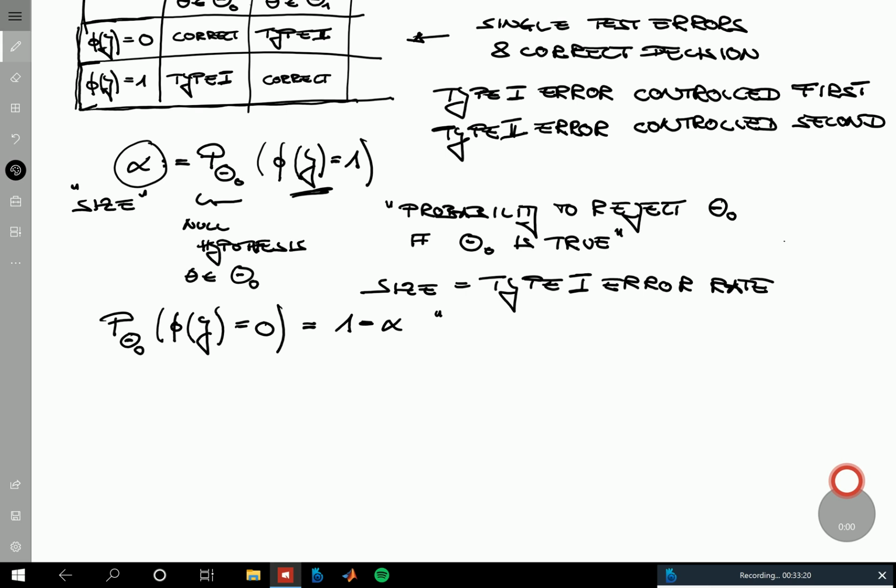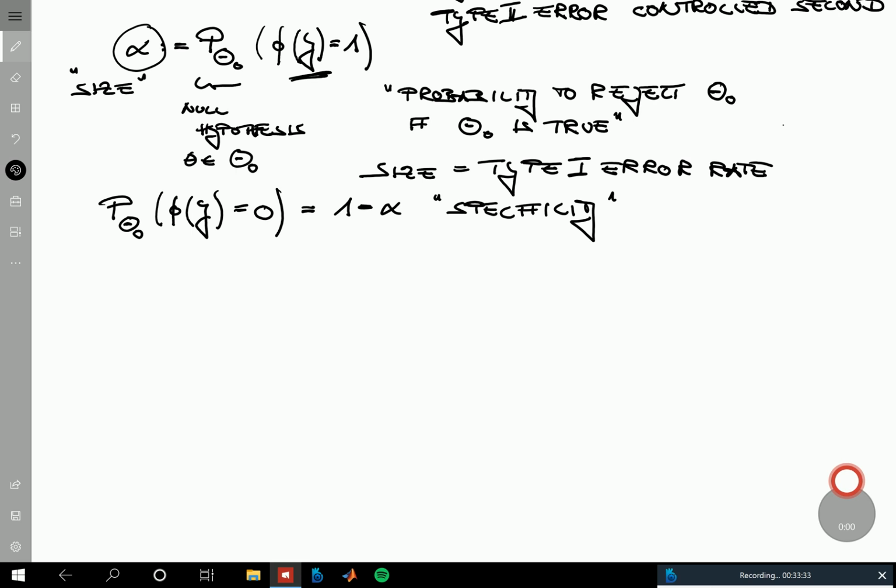This is called the specificity. It's usually not discussed much. And then there's another probability, now under the assumption that the alternative hypothesis holds: the probability that the test doesn't reject the null hypothesis, so accepts the null hypothesis. That's the probability of a type 2 error.